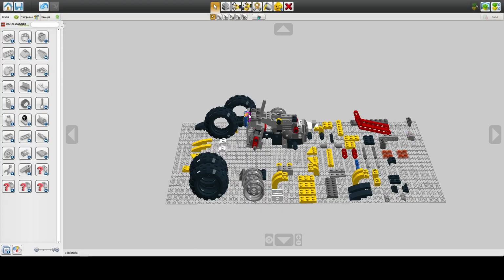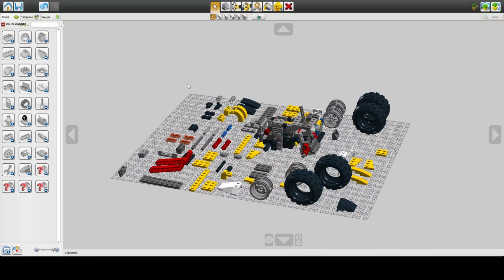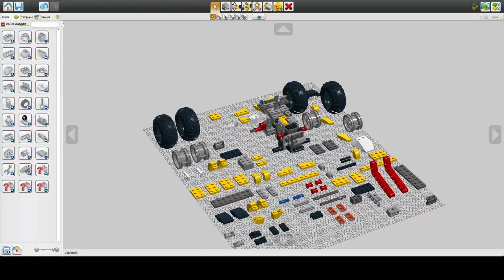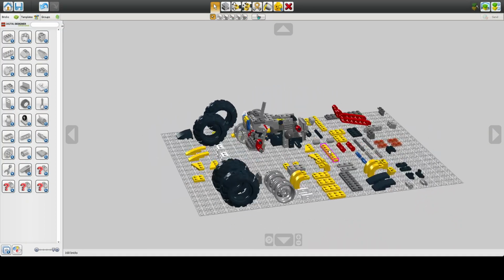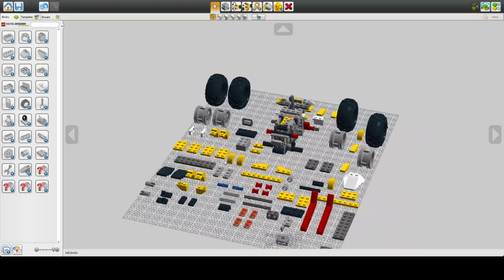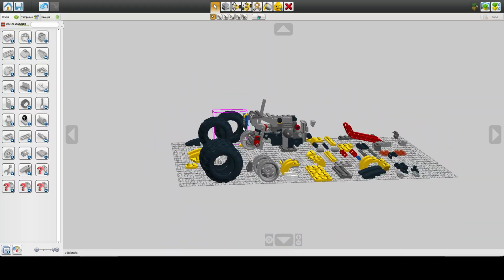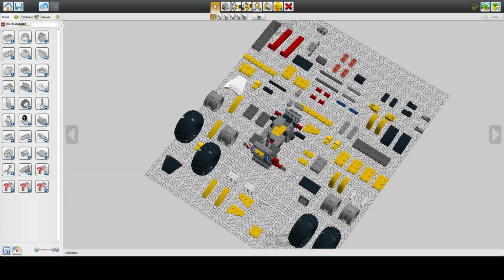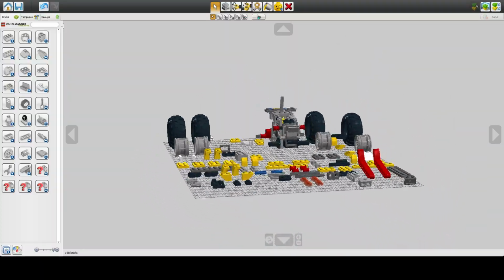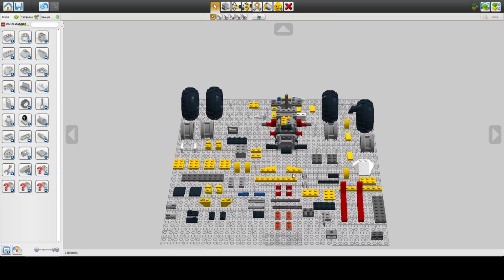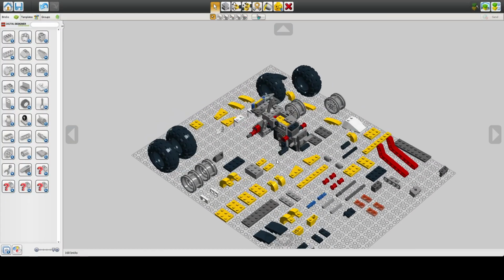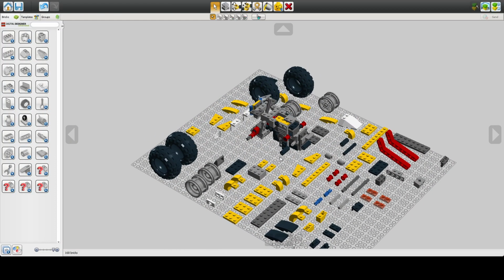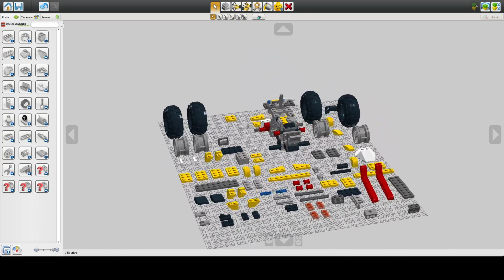So yeah, I was just thinking about what the computer can do. It can do amazing things like this, but with real Lego you need to feel and get used to the piece and internalize it.